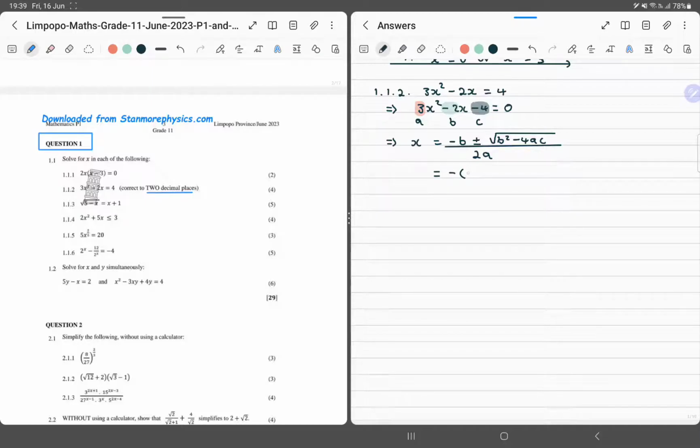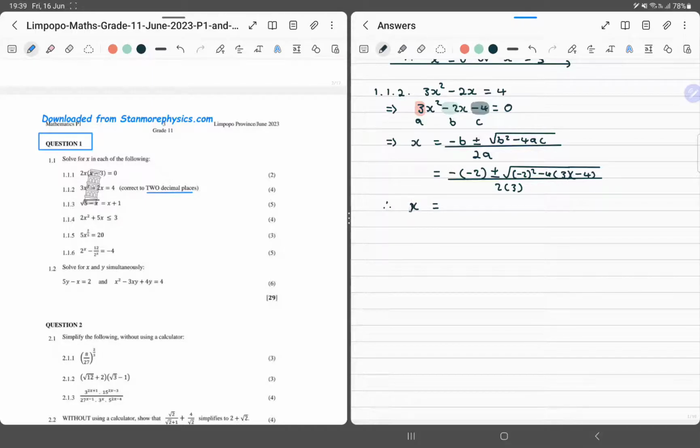So this is minus, our b value is a minus 2, plus or minus the square root of, here we've got minus 2 squared minus 4 into 3 into minus 4. Okay, so again here, make sure you do a careful substitution, because that is what can be a problem.